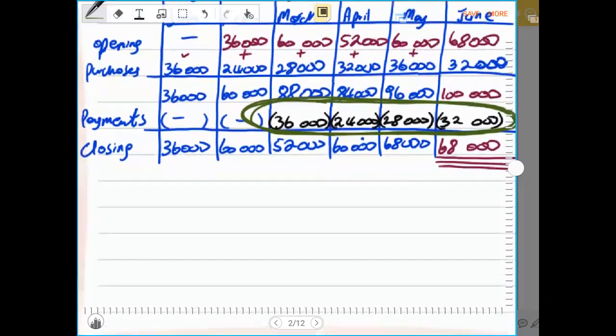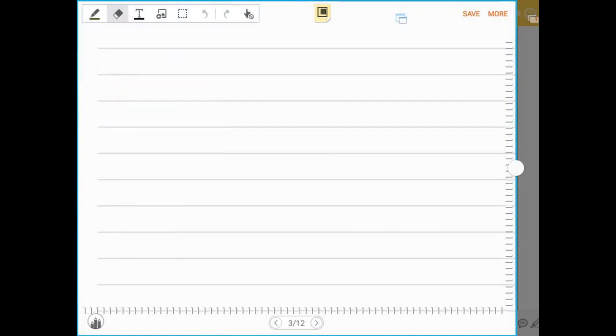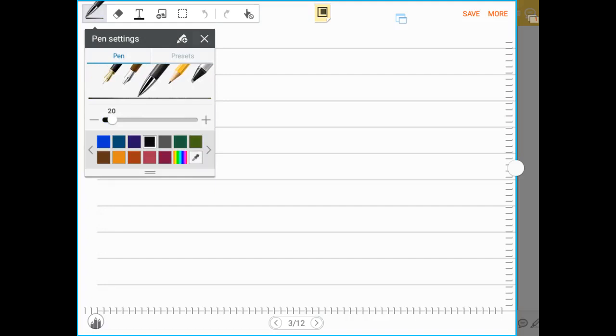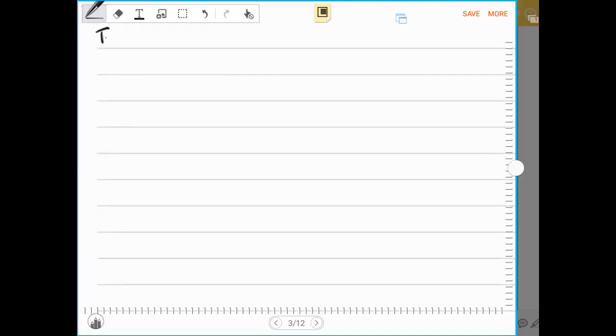So now the last budget that we'll have to do is the trade receivables budget, which is the last workings before we can do our cash budget. So now we are doing the trade receivables budget.